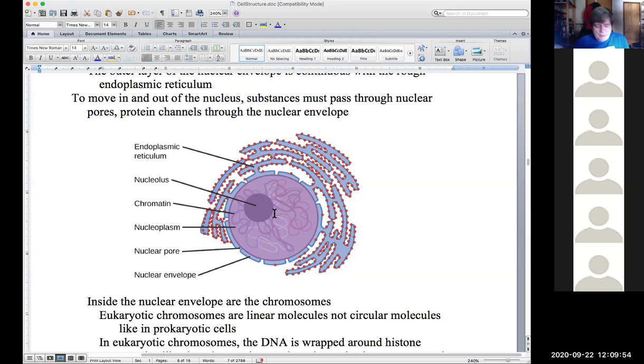And this is very important for cells because remember, if a cell is an organic factory that makes proteins, and the ribosome is the thing that actually makes the proteins, that means ribosomes are pretty darn important. So the ribosomes have a special location where they're built. Cells that are making a lot of protein might have more than one nucleolus.